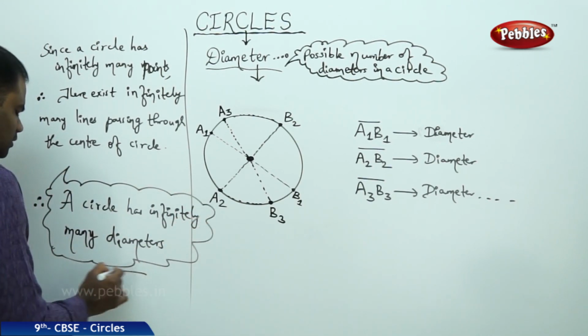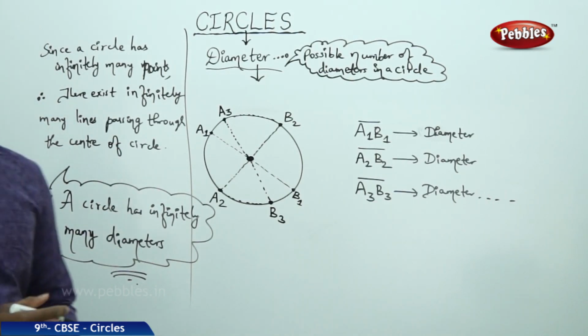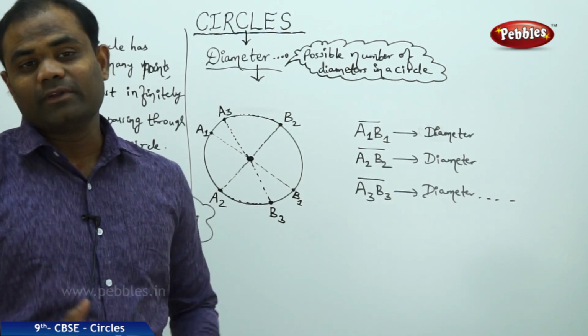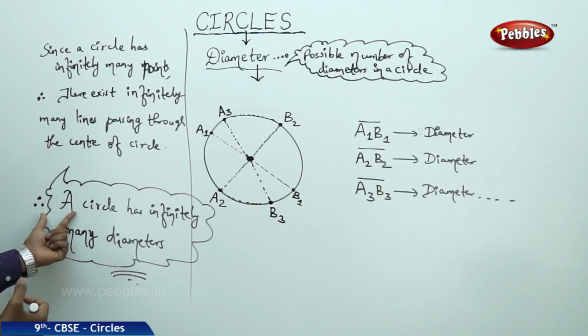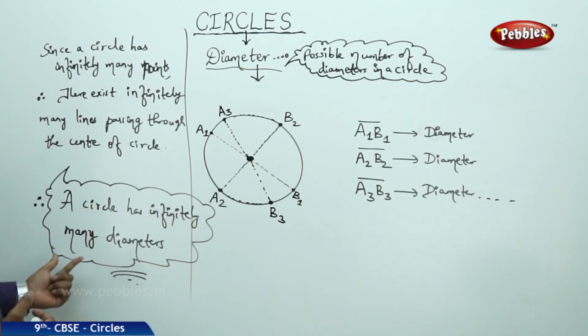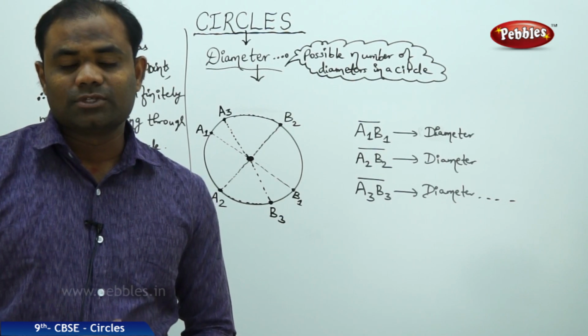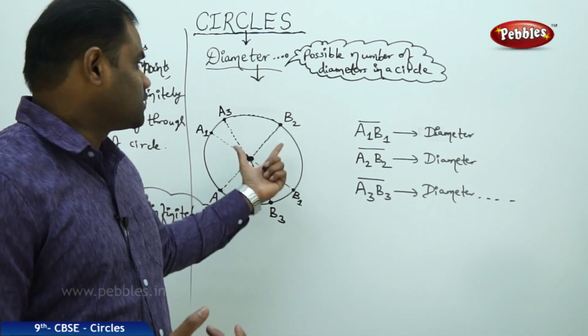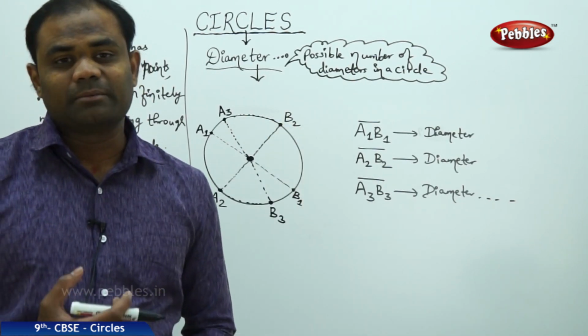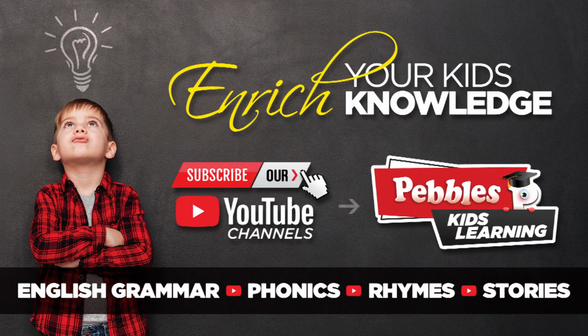So this is the conclusion we make in the case of the number of diameters. My learning outcome, a circle has infinitely many diameters, is what we come to in the investigation of diameters of a circle.